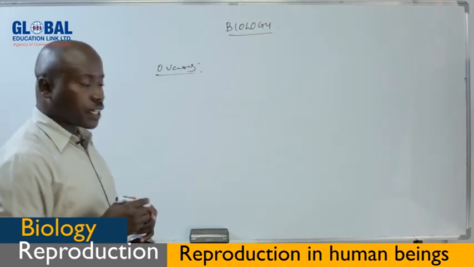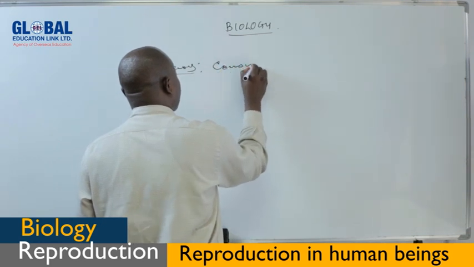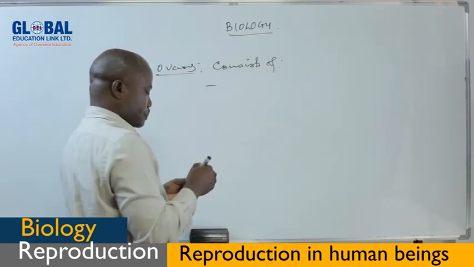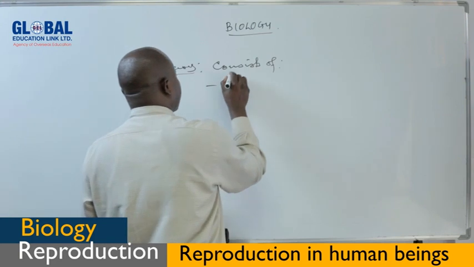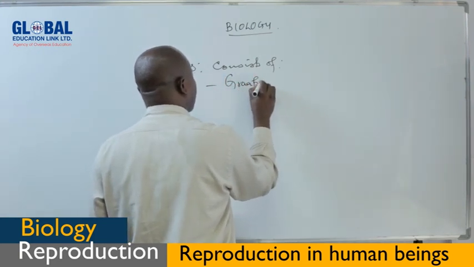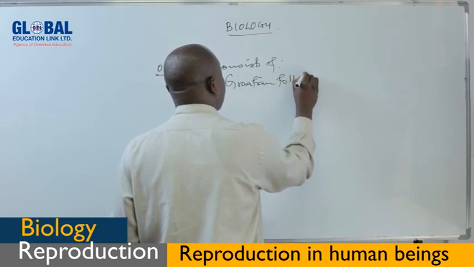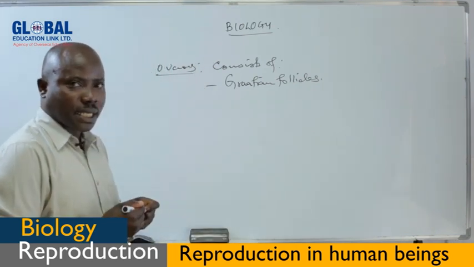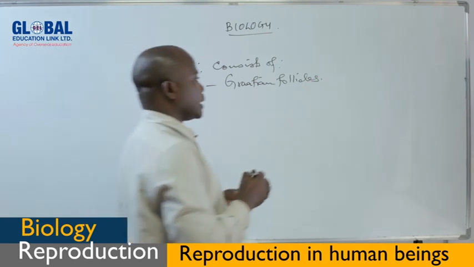The inner part of the ovary consists of Graafian follicles. Within the follicles there are germinal cells that give rise to oocytes.